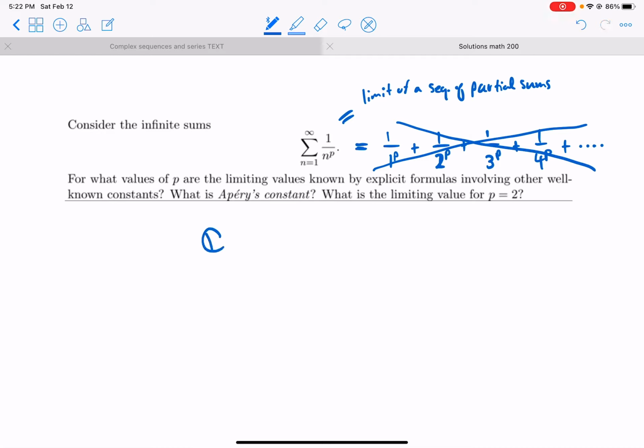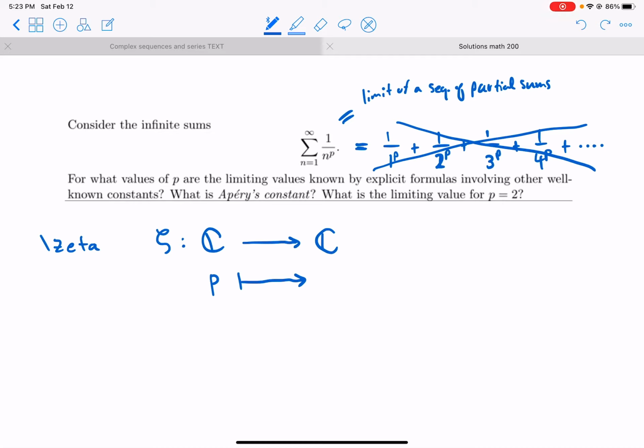So first, just to put this in context, this is going to be a function from the complex numbers. It's going to take an input that we're going to name p, and the output is going to be named zeta of p. Or in other words, this is the function zeta. And what's the formula for zeta of p?